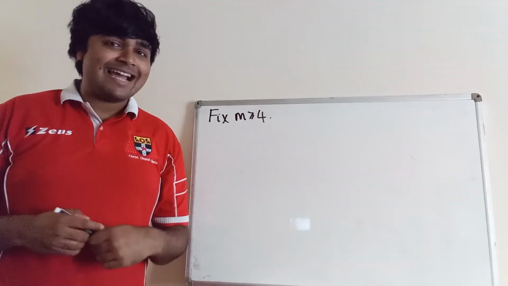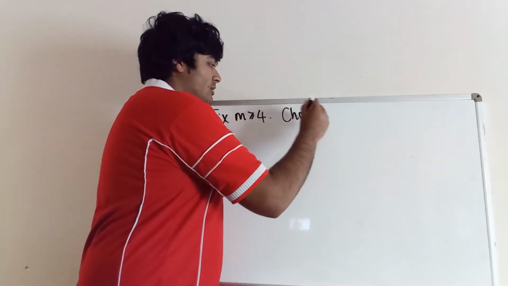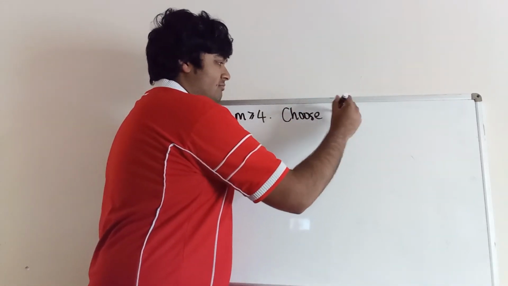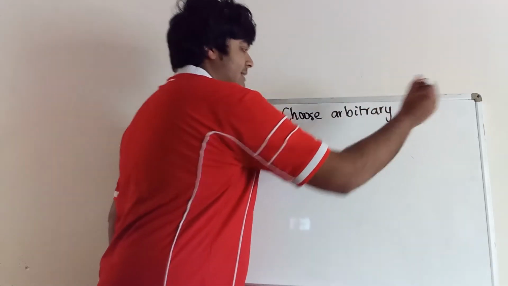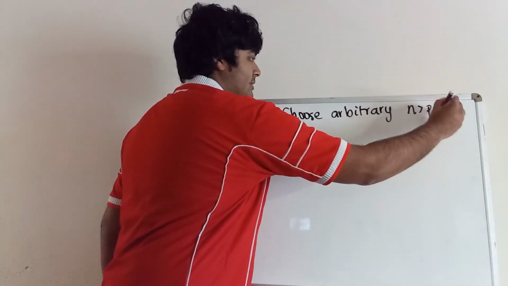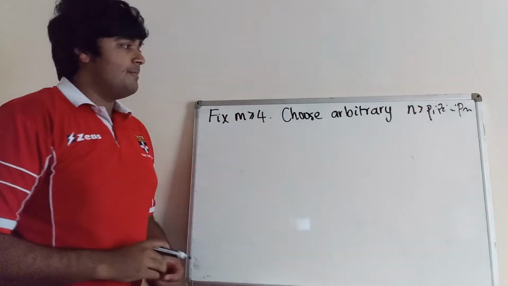So you have m being at least 4, and we're going to choose any arbitrary n, and it's going to be bigger than p1 times p2 times all the way up to pm, like so.